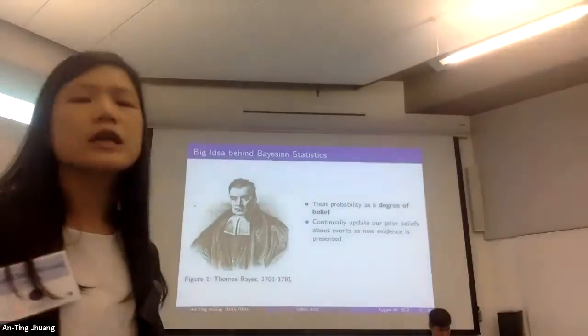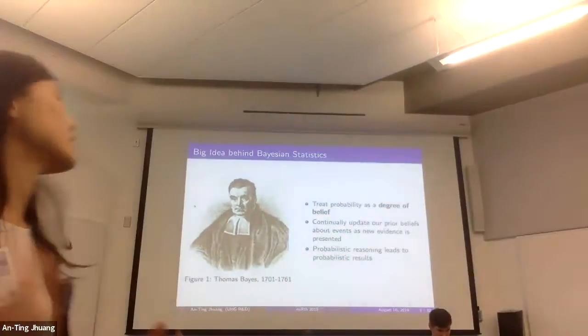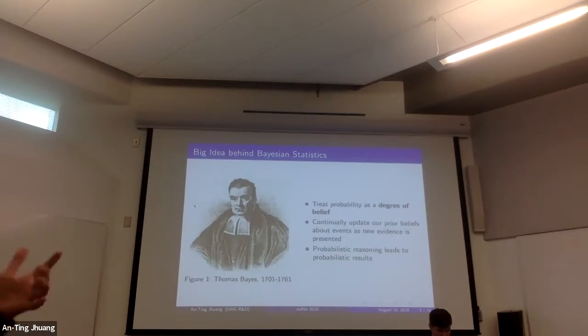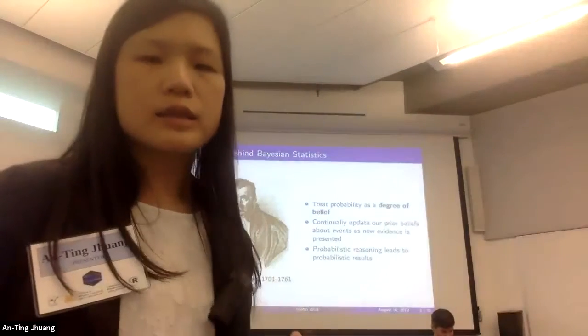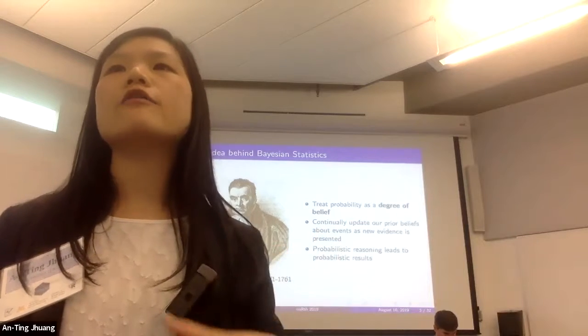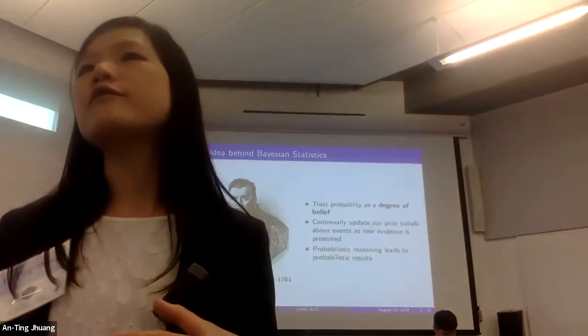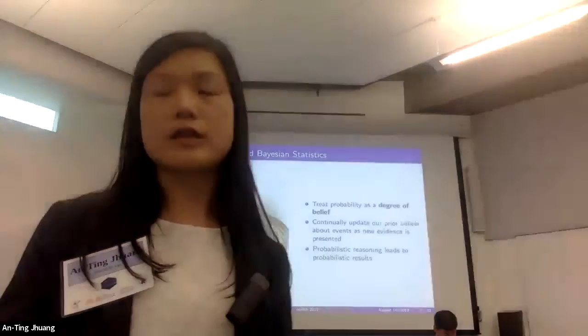And we continuously update our prior belief about events as new evidence is presented. This kind of probabilistic reasoning is related to the interpretation of credible sets, which is a counterpart of the confidence interval in frequentist statistics.